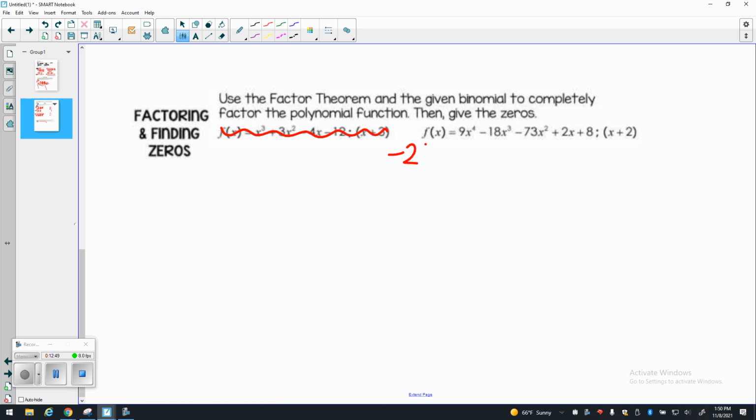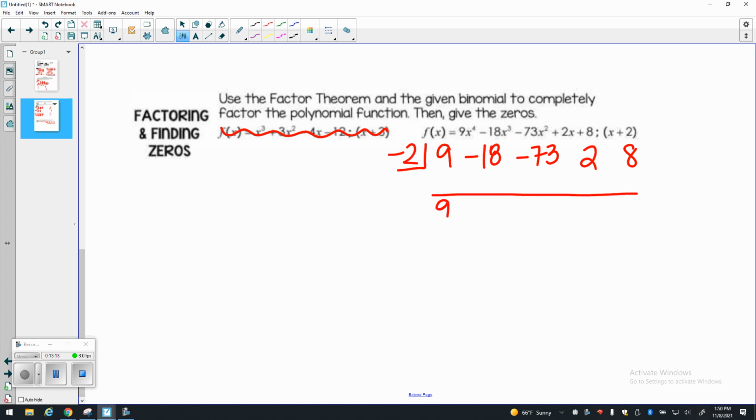Negative 2. And then you're going to have 9, negative 18, negative 73, 2, and 8. Agree? What should the remainder equal? I'm telling you it's a factor. What should the remainder equal? 0, right? If it doesn't, then you have to go back and check your work.